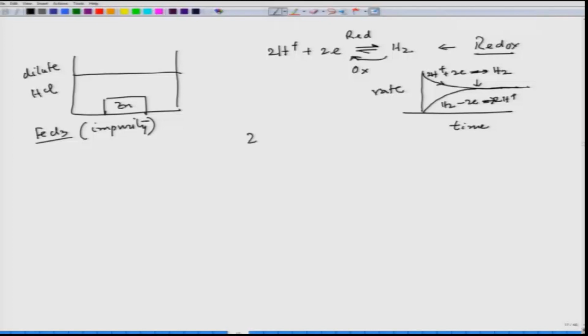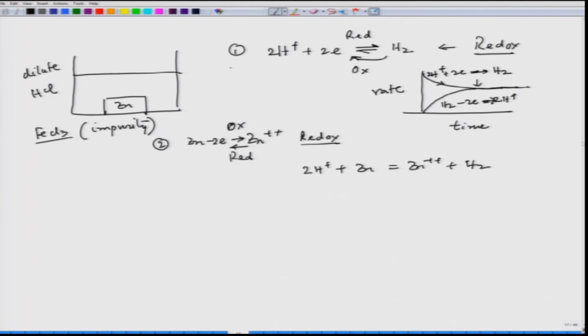A similar situation can arise with zinc, where zinc can go to Zn2+. Here the forward reaction is oxidation and the backward reaction is reduction. So, this is also a redox reaction and it also reaches equilibrium when the system reaches equilibrium. Now, interestingly, the complete cell reaction, 2H+ + Zn = Zn2+ + H2, is a combination of this reaction and this reaction.